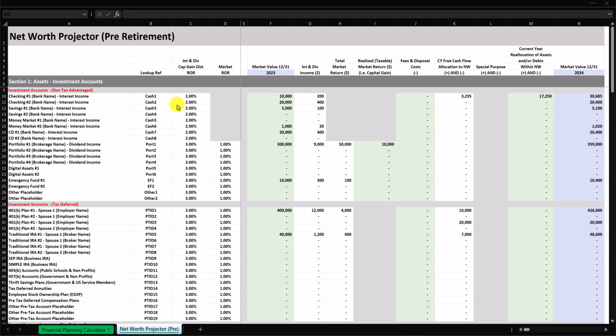So the percentages down here are going to represent the income return on any of these portfolio or cash accounts. Now, once we build out the command center, we will decide which ones of these or how many of them should actually be linked to the command center so they can all be changed from the same location. We don't want to turn this entire thing into the command center.